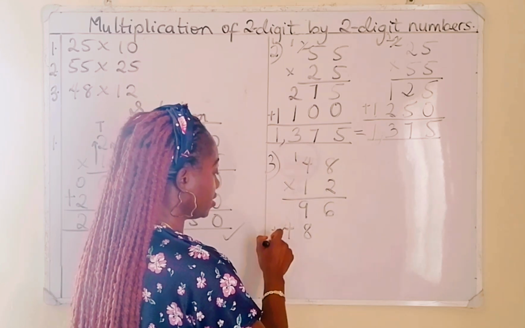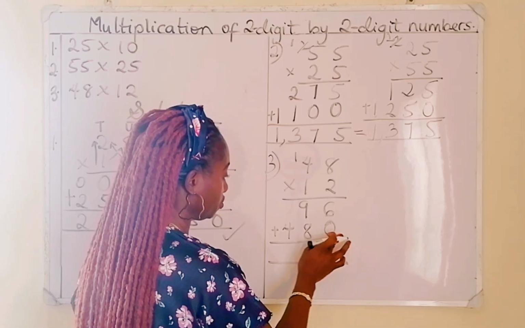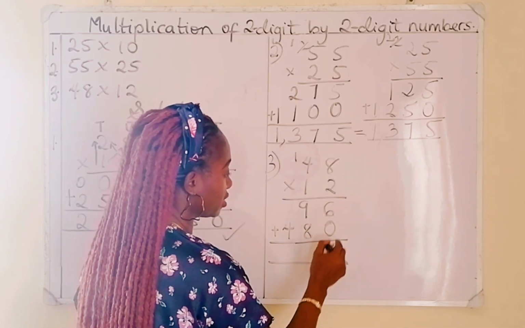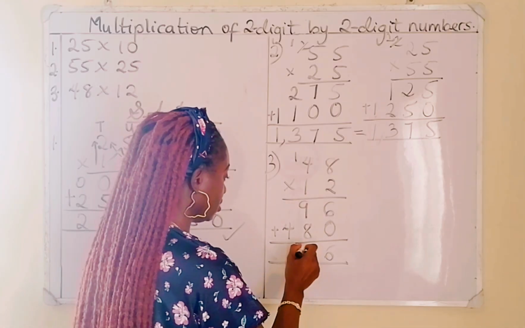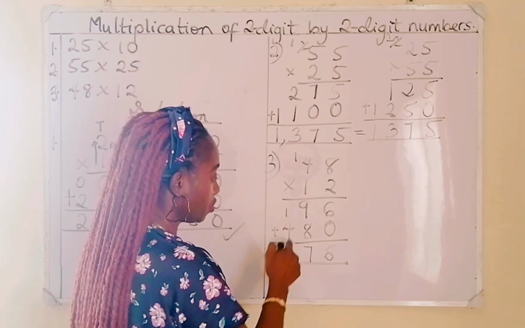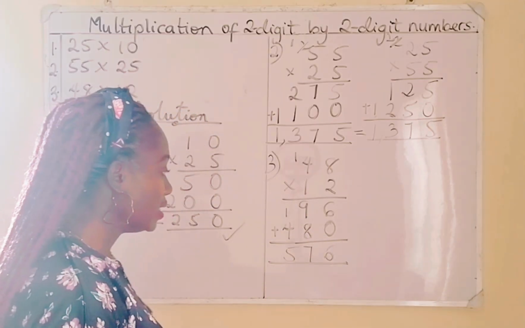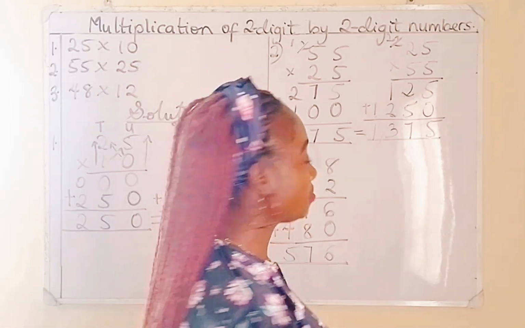Then we add them together. Remember, always put a 0, or you can choose to leave it. 0 plus 6 equals 6. 8 plus 9 equals 17. Write 7 and carry 1 up here. 4 plus 1 equals 5. And the answer is 576. Now let's check if what we've done is correct.